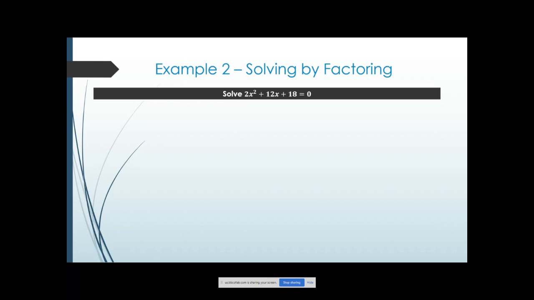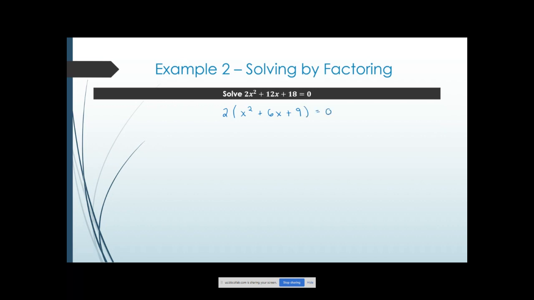So we want to factor. That involves first factoring out the greatest common factor. So I can divide 2 out of everything there. Once I divide everything by 2, I would get x squared plus 6x plus 9 equals 0.